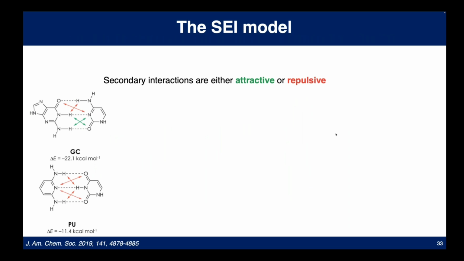The secondary interactions are attractive or repulsive, and this is explained by two situations. You can have the donor atoms on one side and all the acceptor atoms on the other side, and then you have diagonal stabilizing interactions. But you can also have them opposite to each other, and then you have destabilizing interactions.